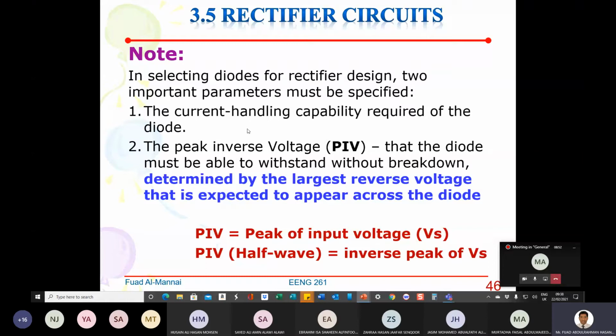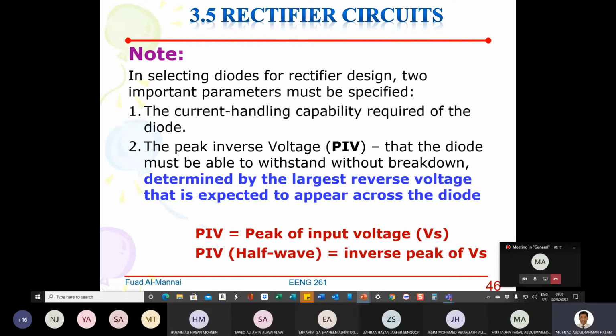What does that mean? It means how much current your diode is able to handle: 1 amp, 2 amps, 3 amps, 10 amps. That's the current handling capability of the diode.